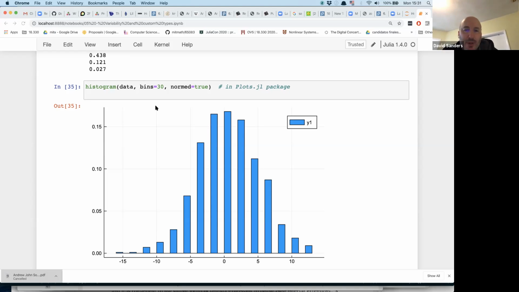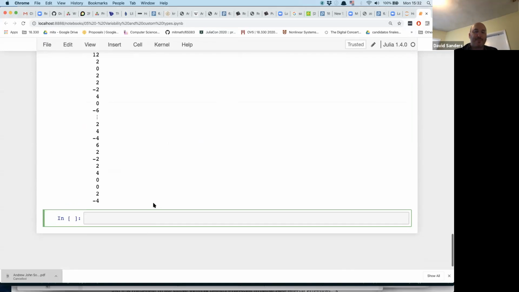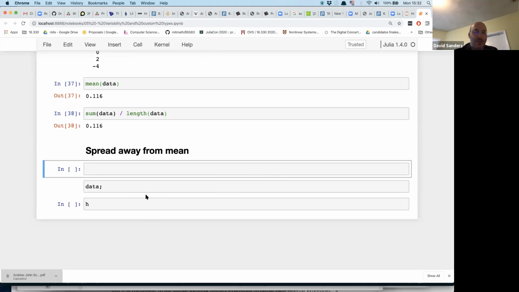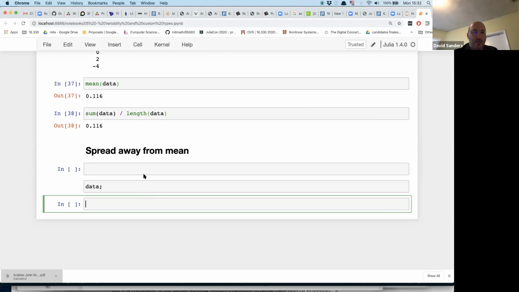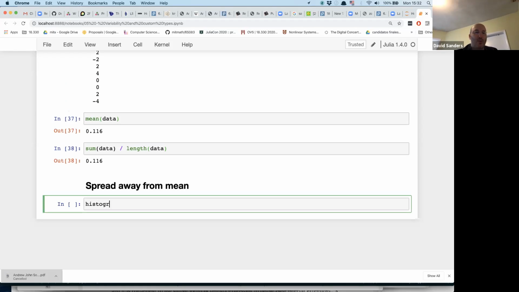So anybody want to, average squared error from the expectation, average distance of each value from the mean, exactly. Distance from the mean at which the probability drops below a certain point, could do that. Yeah, width at half mean. Okay, yeah, these are all good answers. So basically, let's just draw the data again.